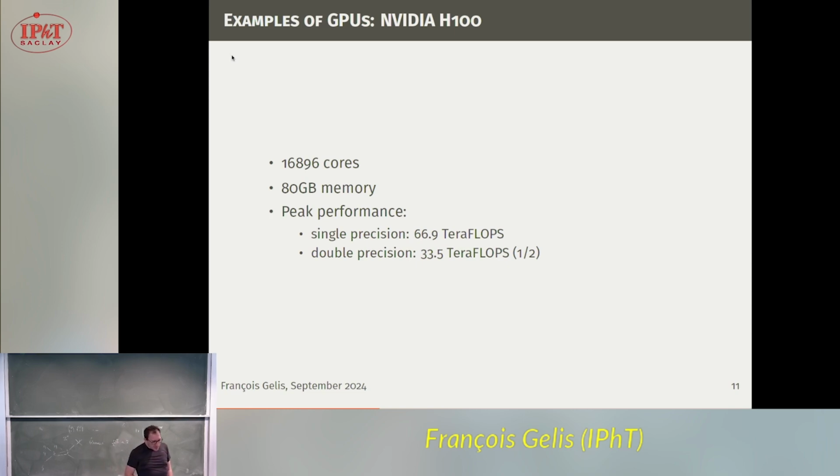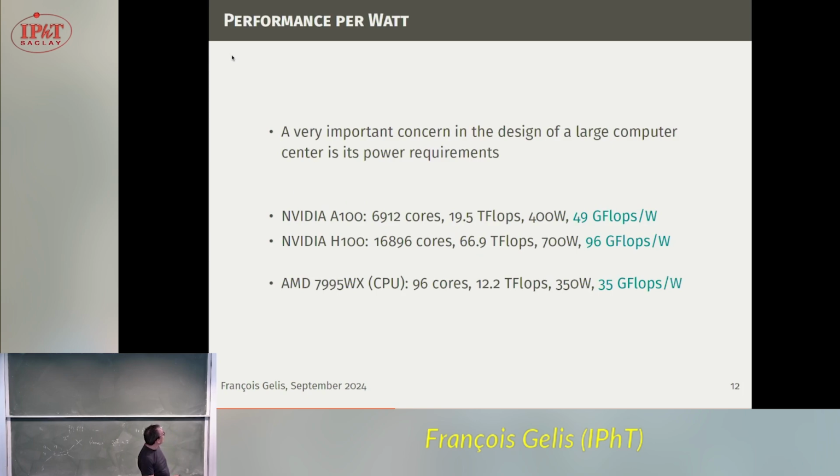So these numbers perhaps do not mean so much, but I have another measure of how they perform, which actually matters a lot for the people who design and construct these supercomputers, and especially for those who pay the electricity bill in the end. It's the amount of power they need to run.